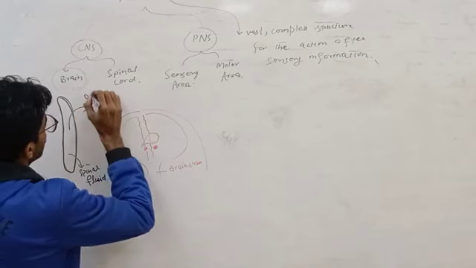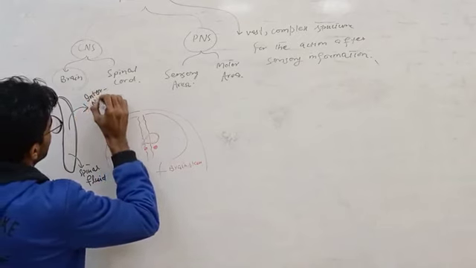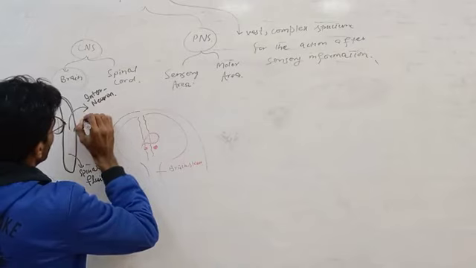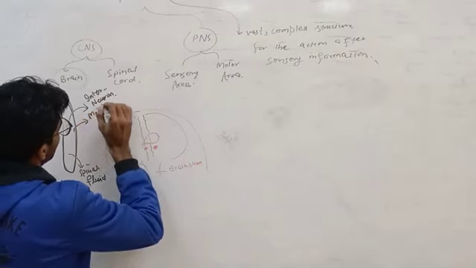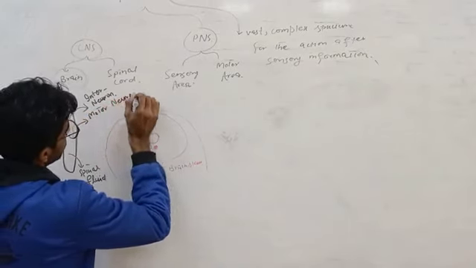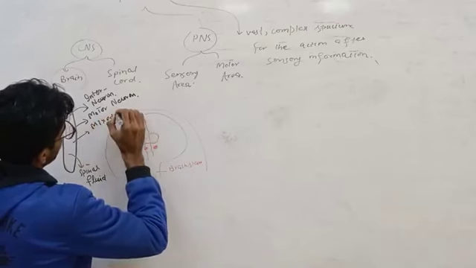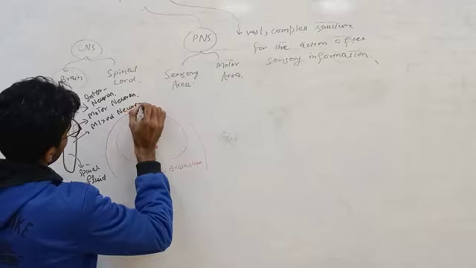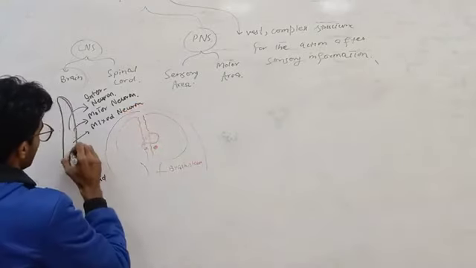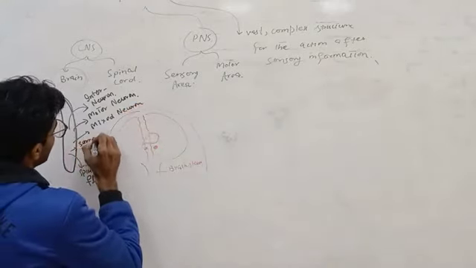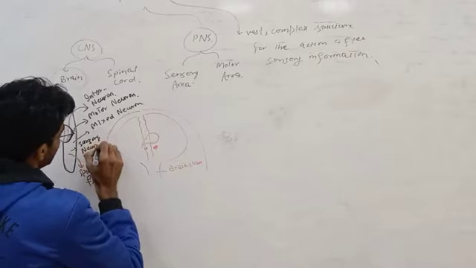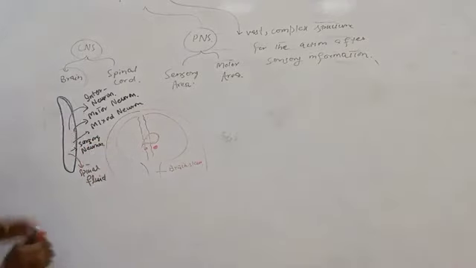These neurons are interneuron, motor neuron, mixed neuron, and sensory neuron. So there are different kinds of neurons in the spinal cord and brain.